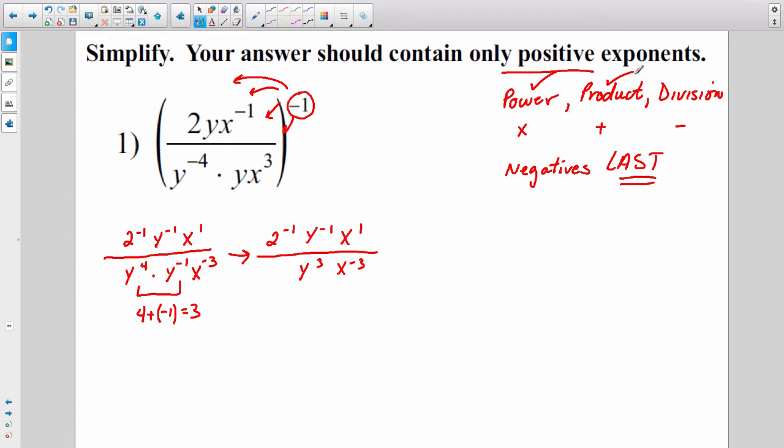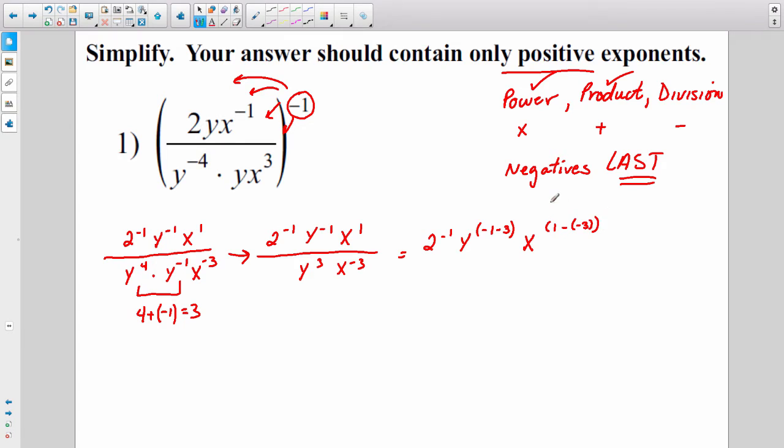What's left is division. Now the rule for division is subtraction. So, again, leave the negatives where they are for the time being. Y is going to be y to the -1 subtract +3. The x's will be +1 subtract -3.